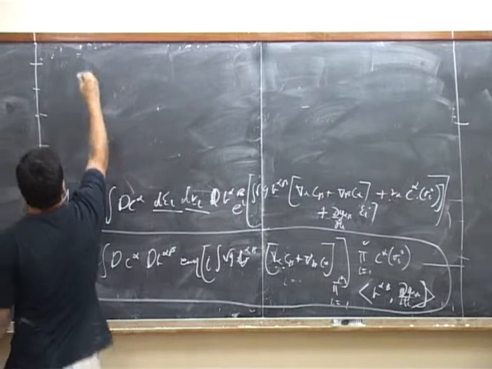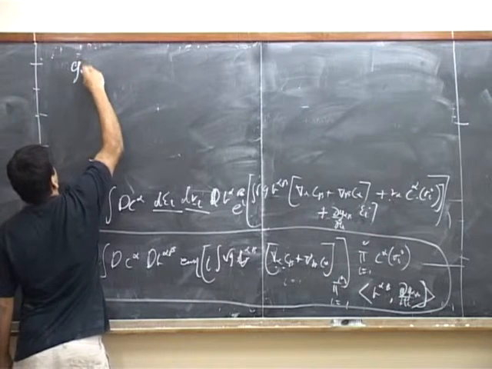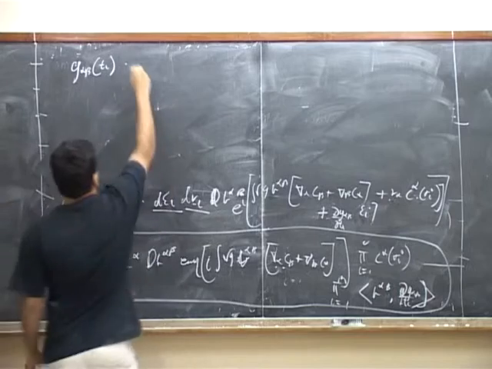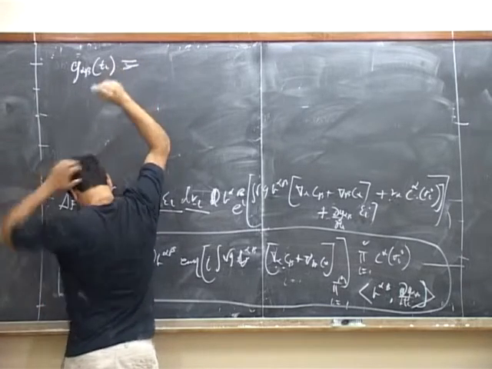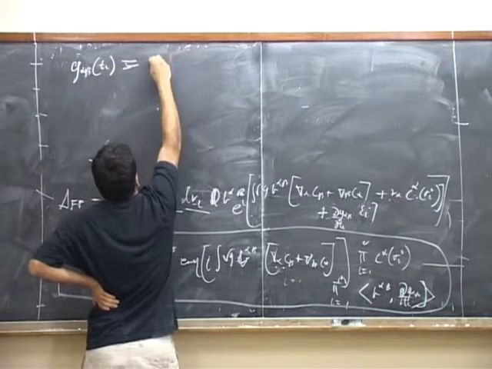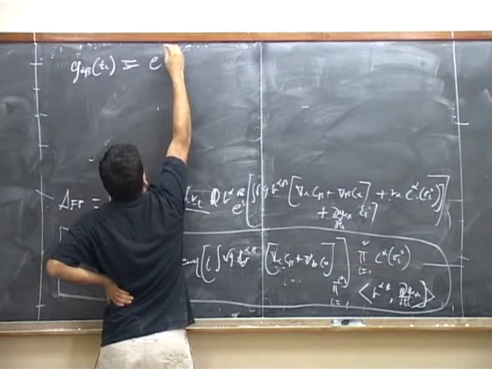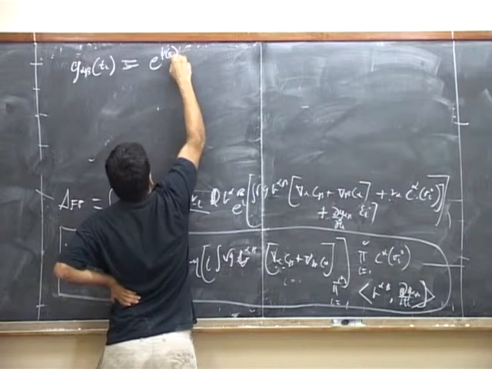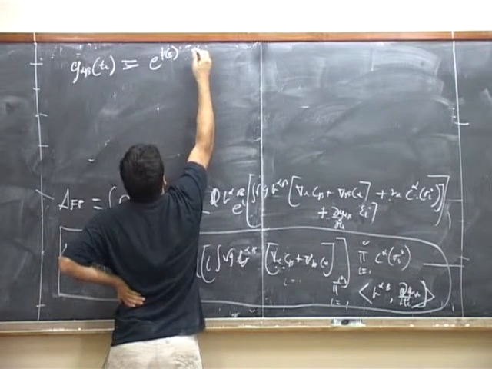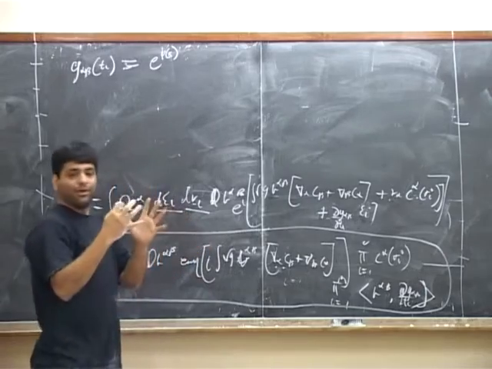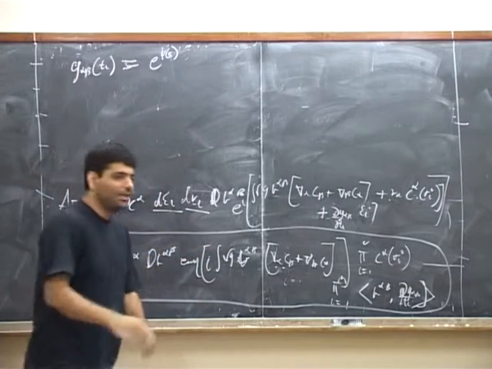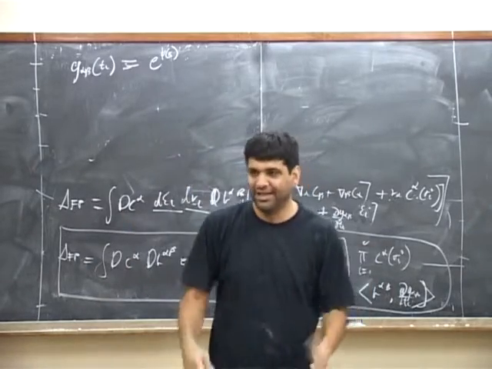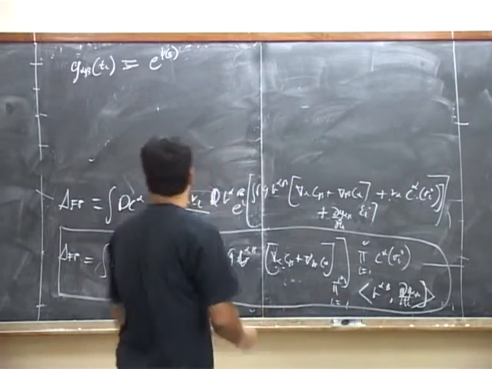Let's choose them so that G alpha beta of Pi takes the form e to the power 5 sigma. Then, at least in some coordinates, patch-wise in a coordinate system. In the simplest case of the torus or the sphere, you'll be able to do it globally. Otherwise, you might have to do this patch-wise.